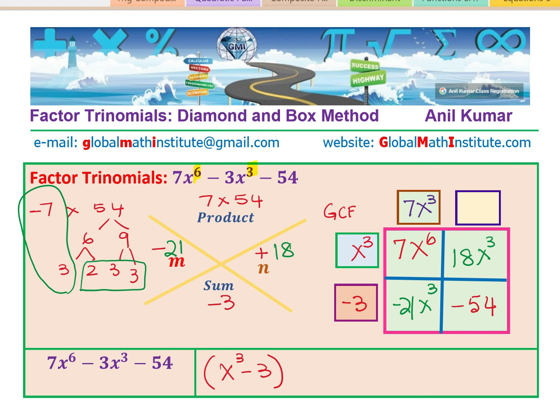18x cube and 54. So 18, you can see 18 is having 9 in it, right? 18 has got 9 times 2, right? And 54 is 9 times 6. So 18 itself is common, correct? 18 times 3 is 54, right?